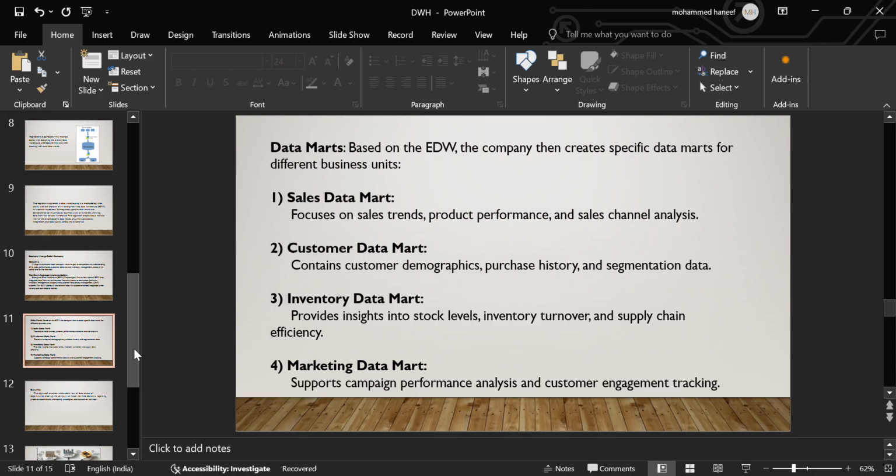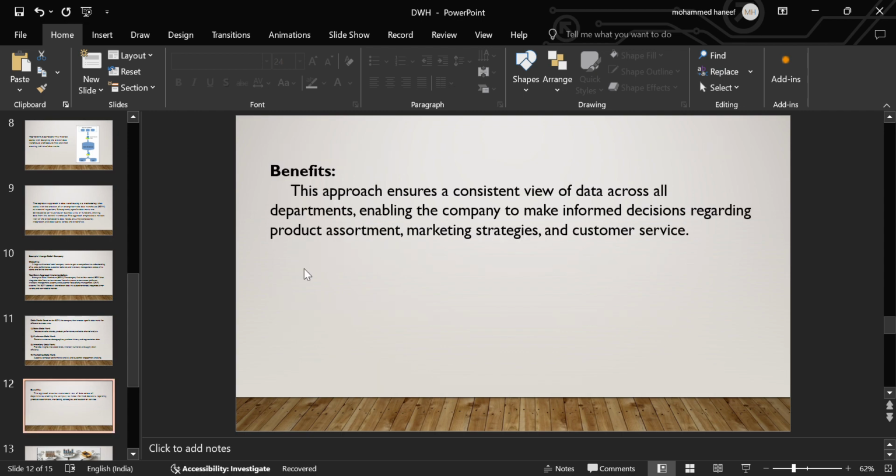So we will see the benefits now. This approach ensures a consistent view across all departments, enabling the company to make informed decisions regarding product assortment, marketing strategy, and customer service. In this top-down approach, first you are gathering all the data and integrating it into one central database.